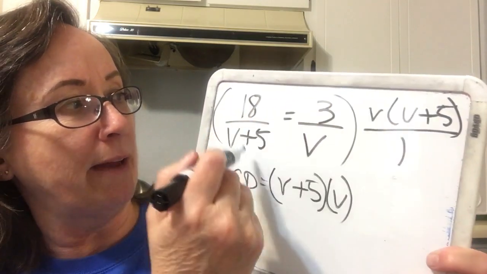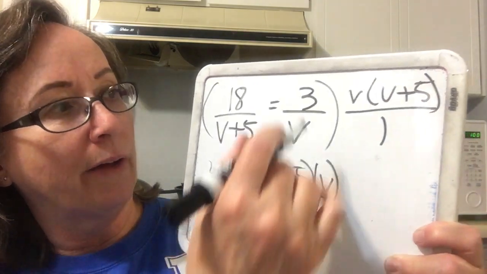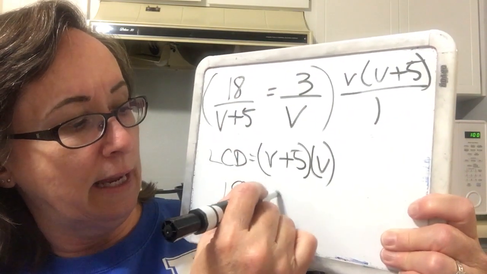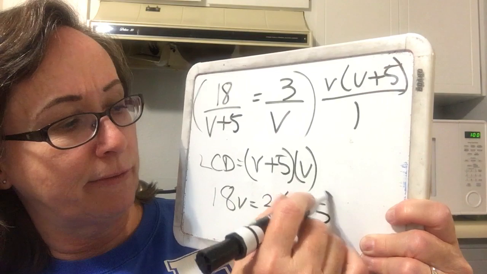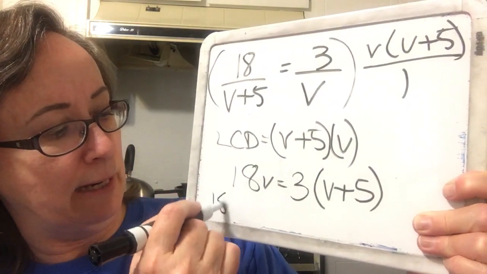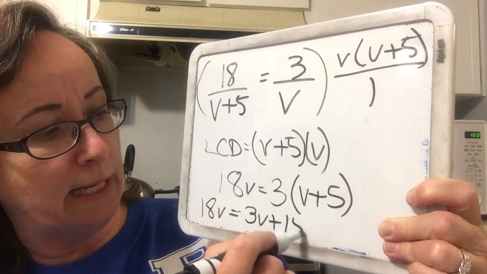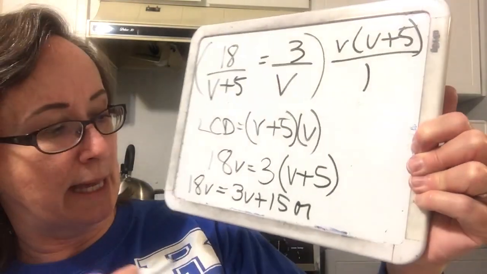The v plus 5s will cancel. I'll be left with 18v. On the right hand side, this multiplies and the v's cancel, and I'm left with 3 times v plus 5. Okay, so then when I simplify, I get 18v is equal to 3v plus 15, or now I want everything on one side.